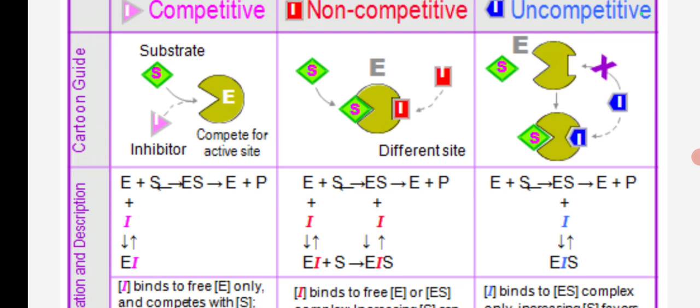Any one will bind to the binding site, the active site. In non-competitive inhibition, the substrate binds to the enzyme, and the inhibitor also binds to the inhibitor binding site. Third one is uncompetitive inhibition. These types of inhibitors only bind with the enzyme-substrate complex, not the free enzyme.